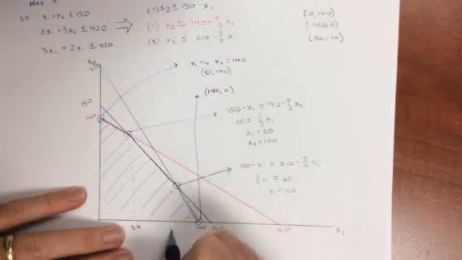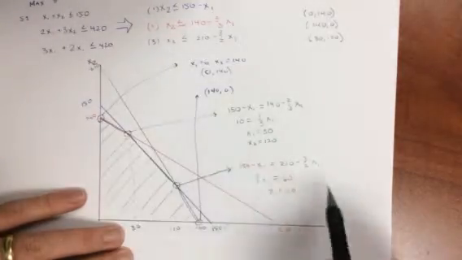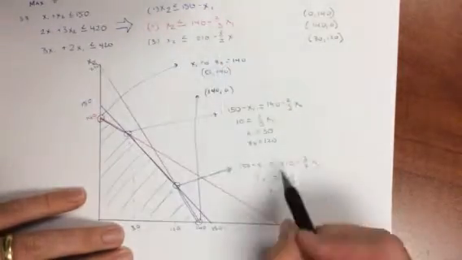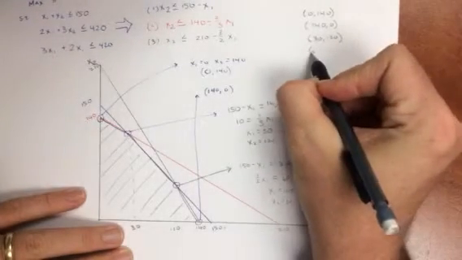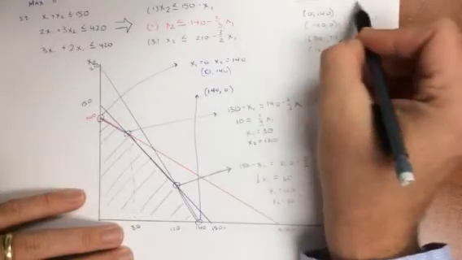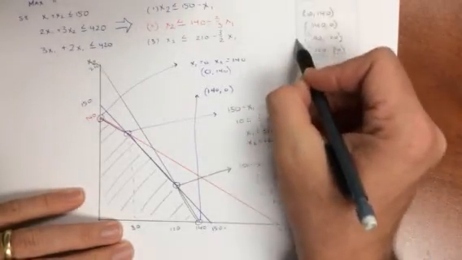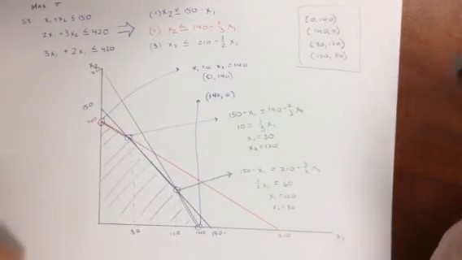Now I plug it back into the black or the blue. Let's plug it into the blue because that's the easiest. x2 then is 30. So the other possible solution is 120, 30. These here are our possible solutions.